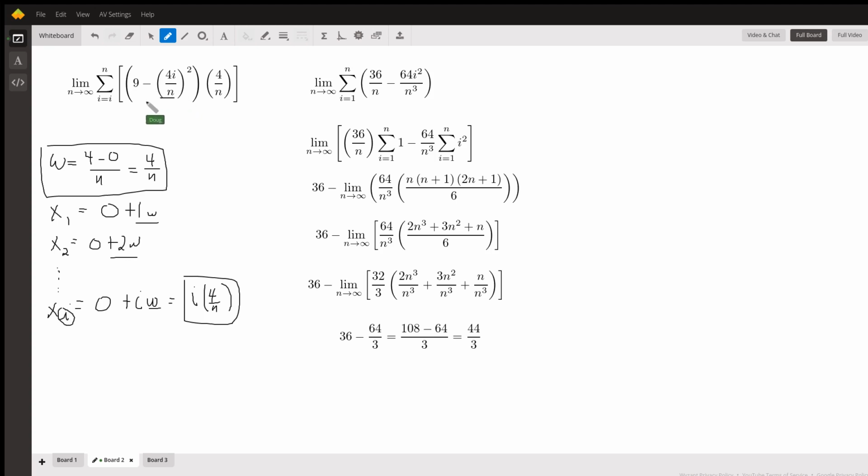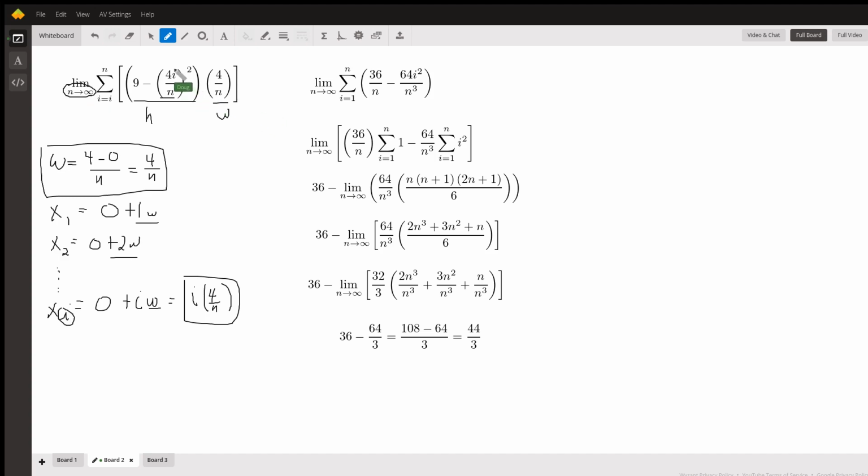This expression right here is the height of the rectangle, and this 4 over n is the width. And if we let i go from 1 to n and add up all those areas, we'll get an approximation for the area. But if we let n approach infinity, we'll have hopefully an expression for the exact area.